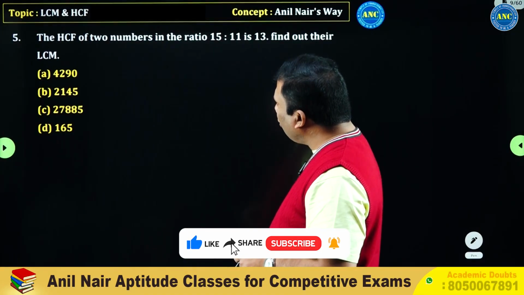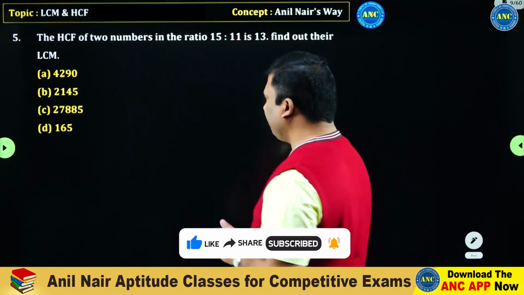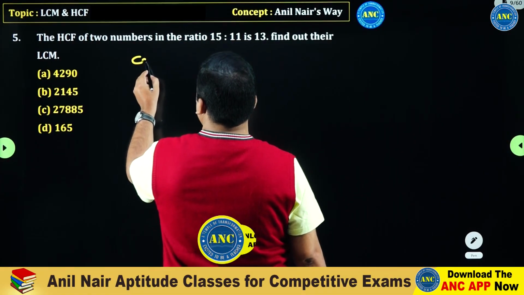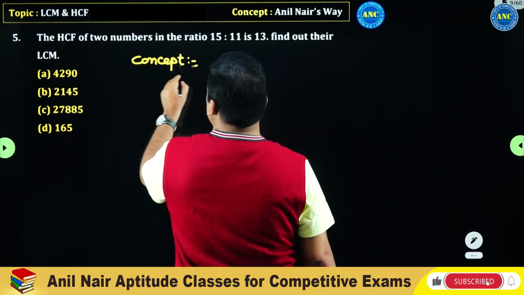Read the question, sir. The HCF of two numbers in the ratio 15:11 is 13. Now, this is a very important concept.